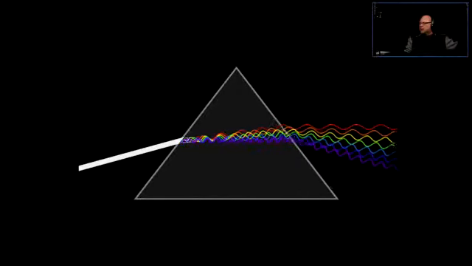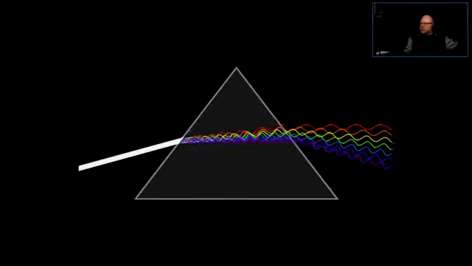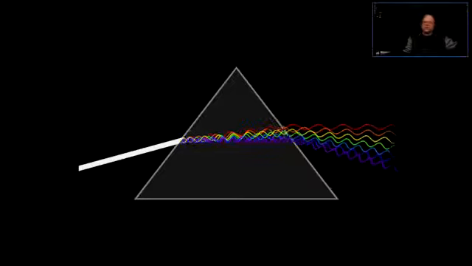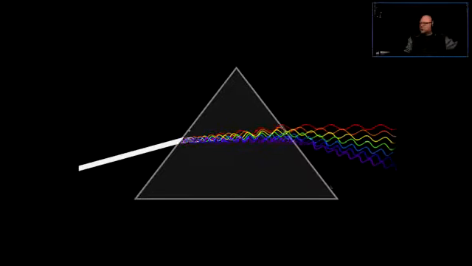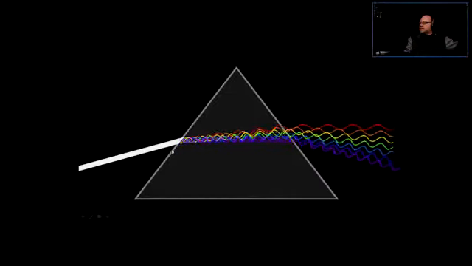Now, as soon as it enters some other medium, some other material, of course, the light is going to get slowed down by whatever material it is. It's still going to travel. Now, this line right here, the border between one medium and the other material, is called an interface.